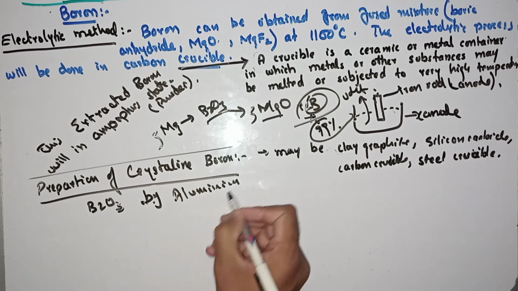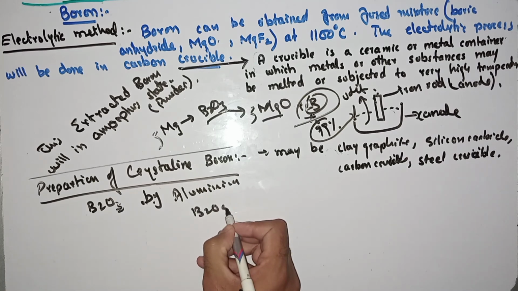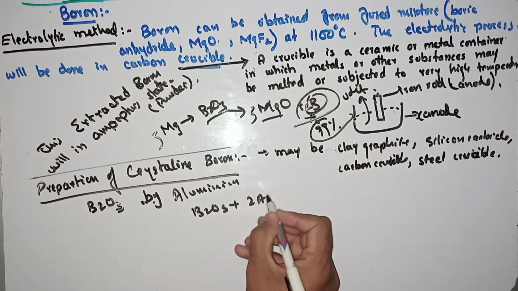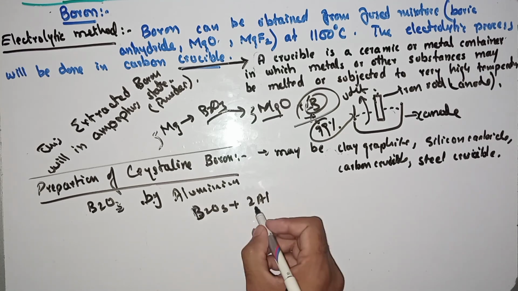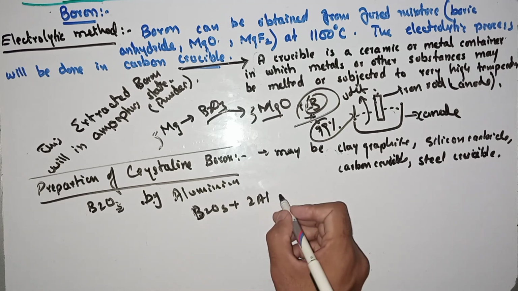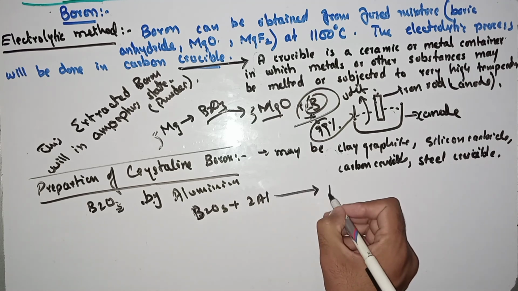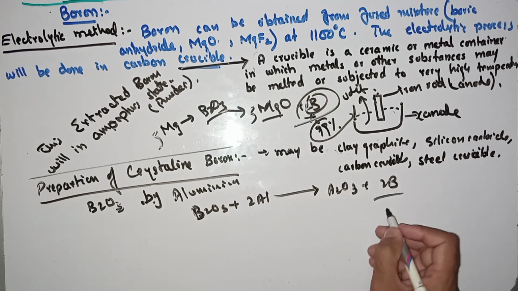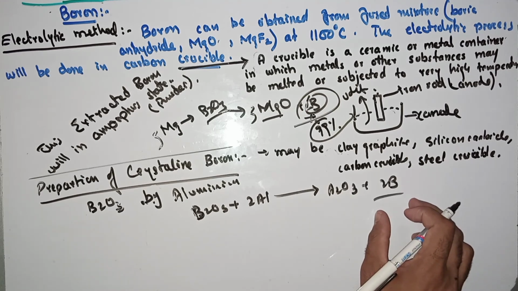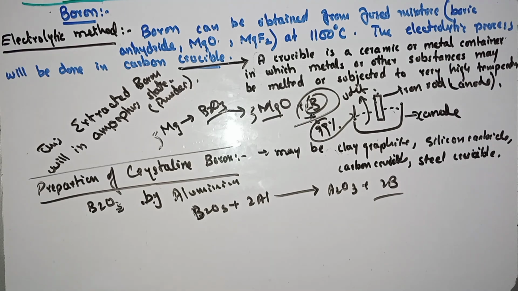For example, B2O3 is reduced by aluminium to produce Al2O3 plus 2B. So here this boron will be in pure crystal form.